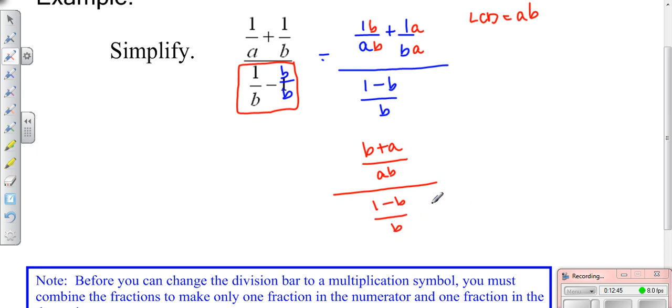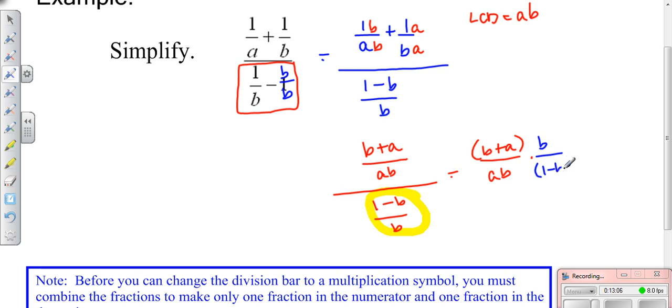So dividing means multiply by the reciprocal. So that means I have b plus a over ab times, do the reciprocal of this bottom fraction, times b over 1 minus b.